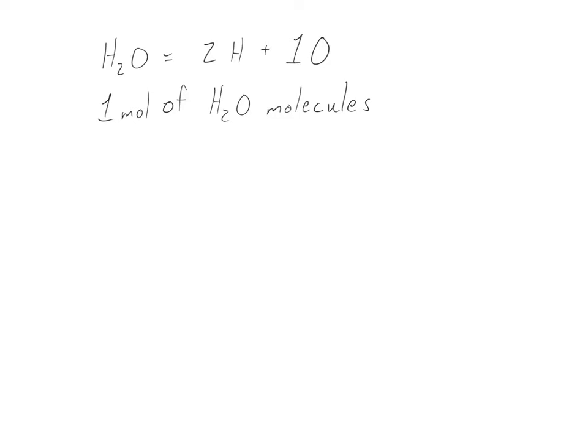I'm actually going to have 3 atoms per every molecule. So when I break this all up, if I have a mole's worth of water, I'm going to have 1 mole of hydrogen, another mole of hydrogen, and 1 mole of oxygen. So 1 mole of water molecules, if I break it apart, is going to come with a mole's worth of hydrogens, another mole's worth of hydrogen for the other H, and a mole's worth of oxygens.